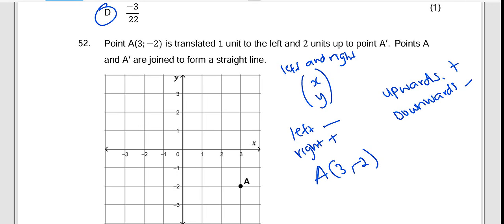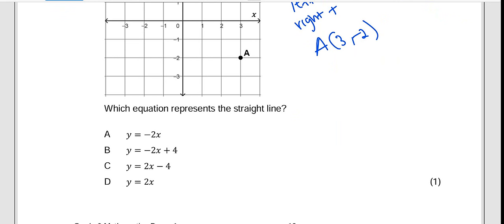This is my X and this is my Y. So point A moves 1 unit to the left, and then I'll have -2 and 2 units upwards. So the equation is going to be B.